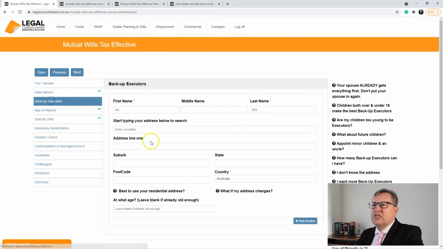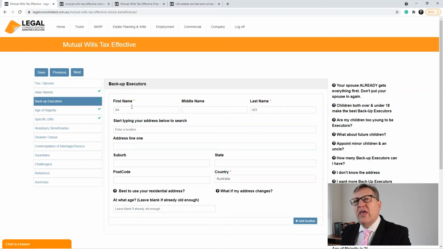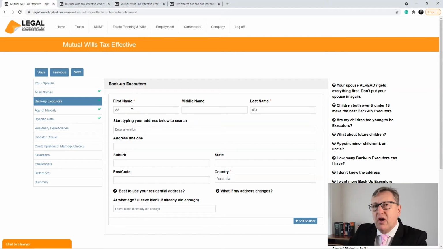Let's go back to this issue of backup executors. So after you and your spouse die, the 2 backup executors will be your 2 children. But they themselves will die. They could die well before the vulnerable child.